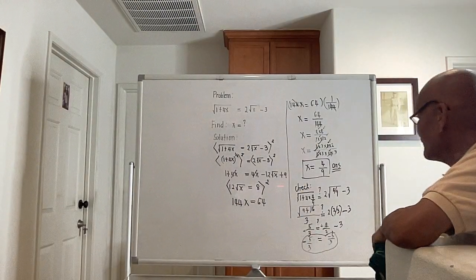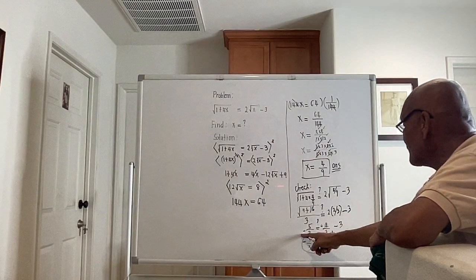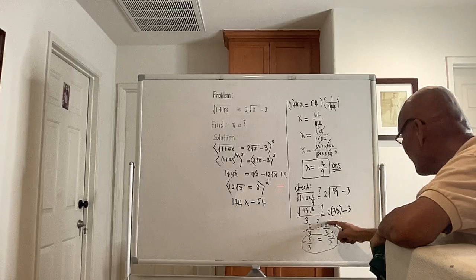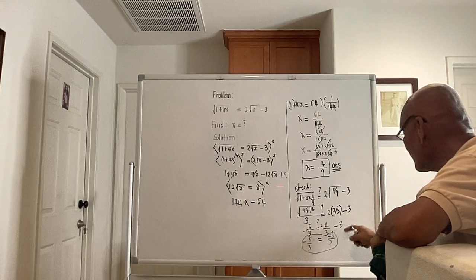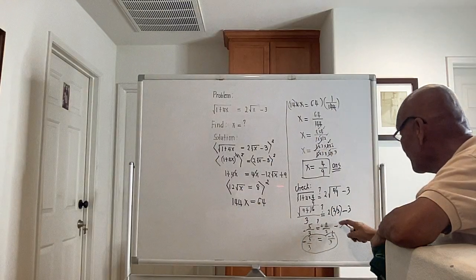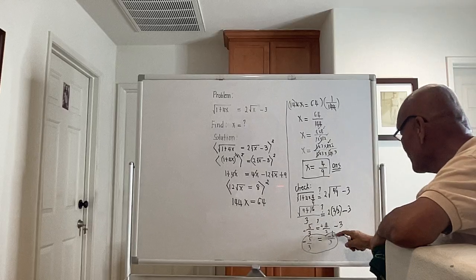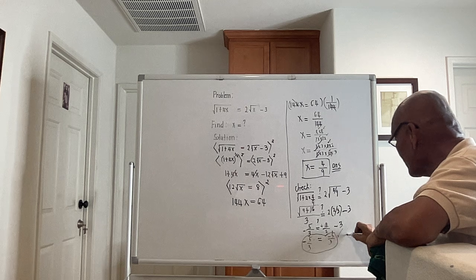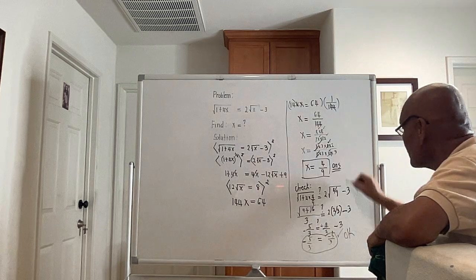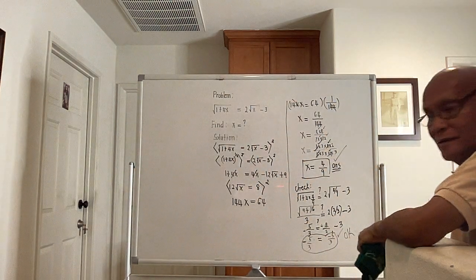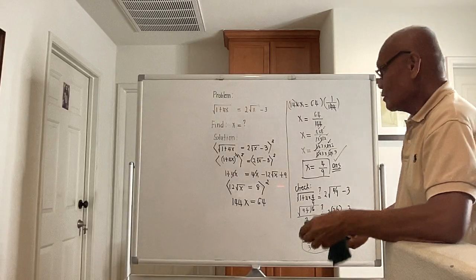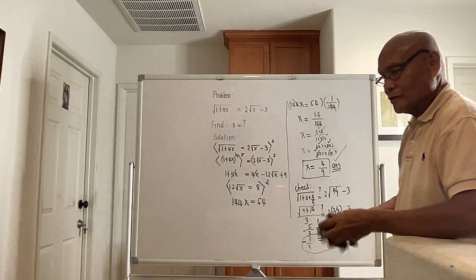Negative 5/3, this will become 4 minus 9. So minus 9 plus 4 is actually negative 5/3. So 5/3 is equal to 5/3. So we are correct. It's correct. That's the solution of this radical equation.